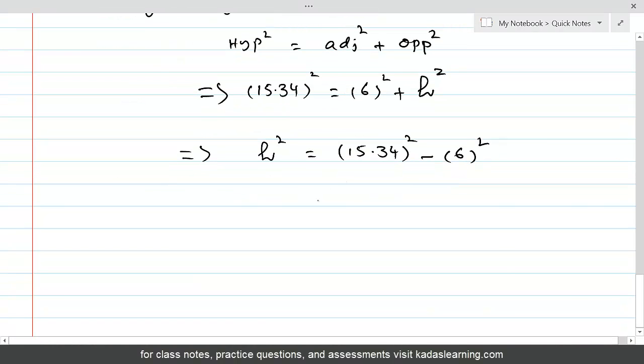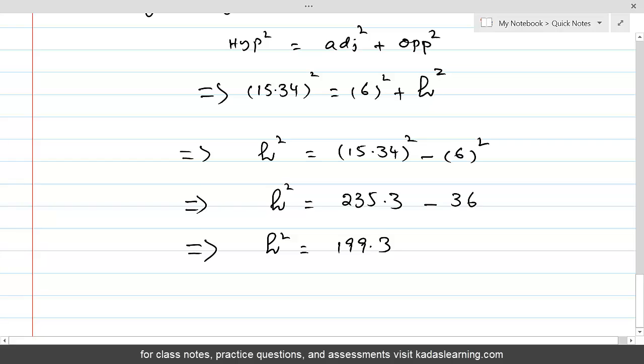If we take the square of 15.34, this value will be 235.3. 235.3 minus 36, what we get is 199.3, and this is the value for h square.